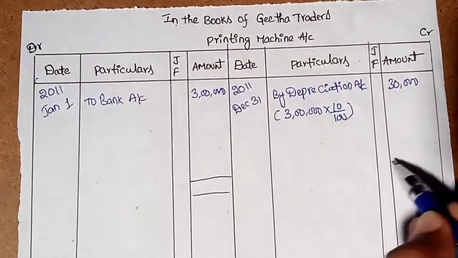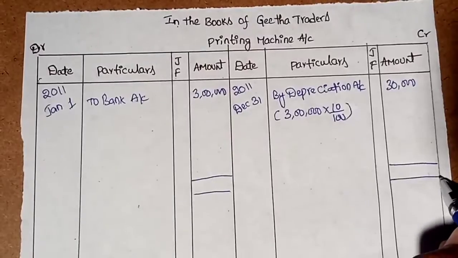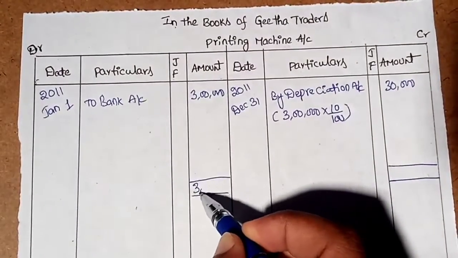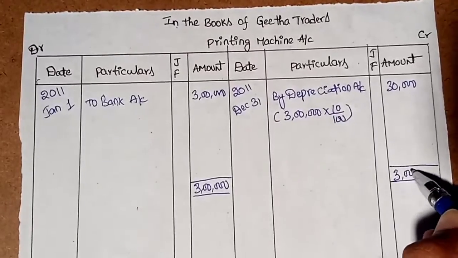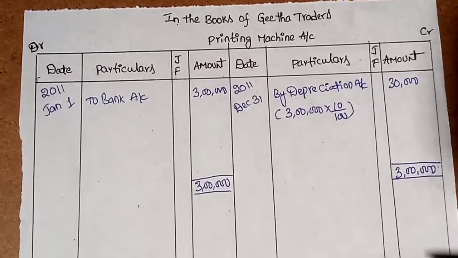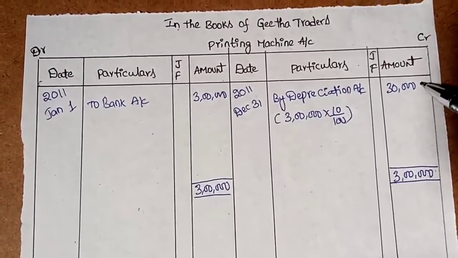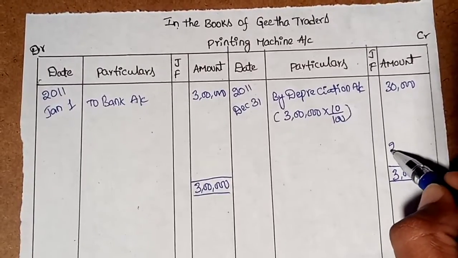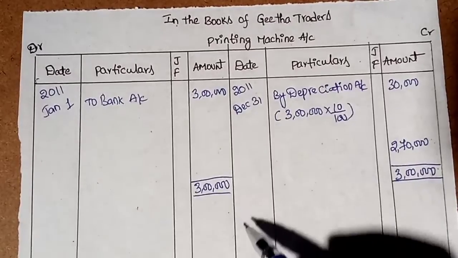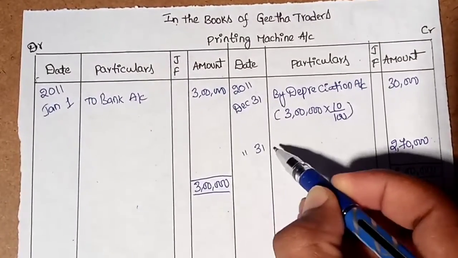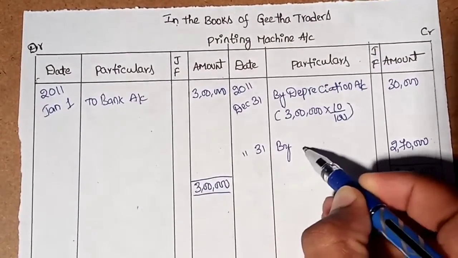Now we have to balance the account. Debit side has the higher amount, 3 lakh rupees, the same amount carried to the other side, 3 lakh rupees. From 3 lakh rupees we have to less 30,000. The difference amount is 2 lakh 70,000. This is called a balance carried down.